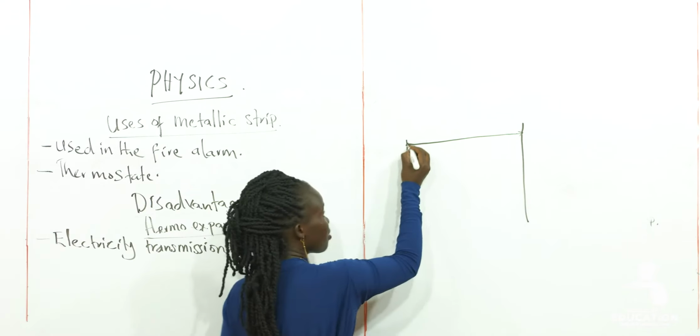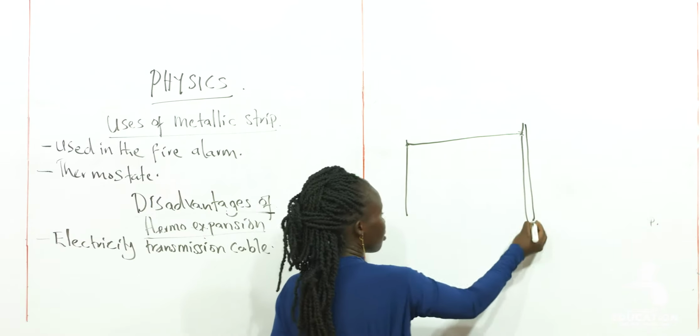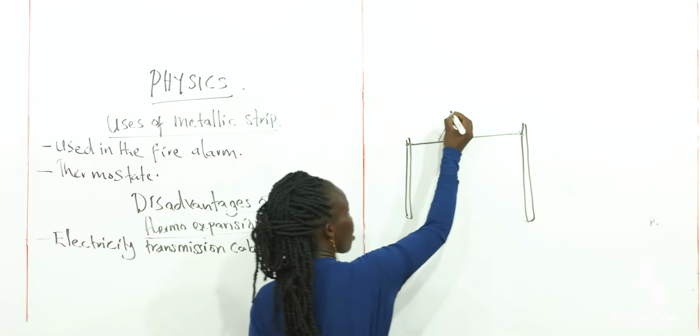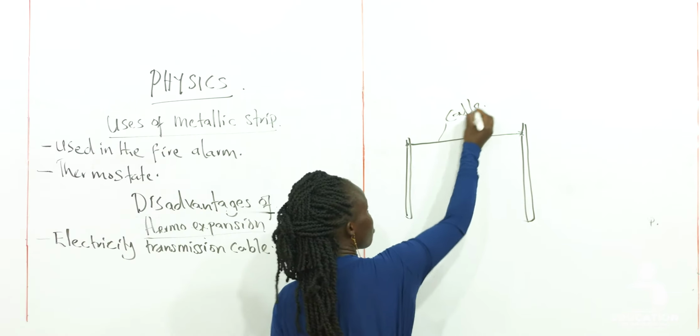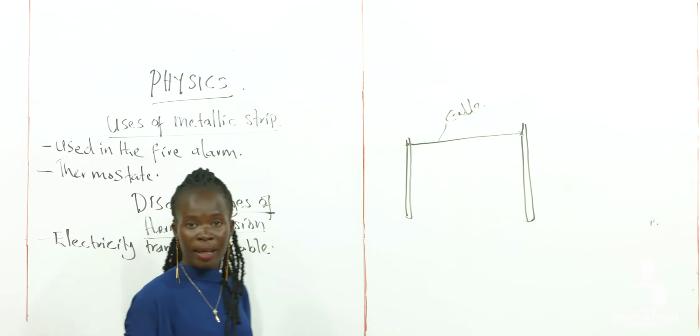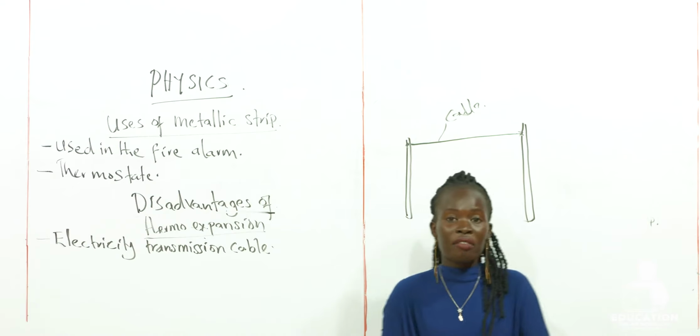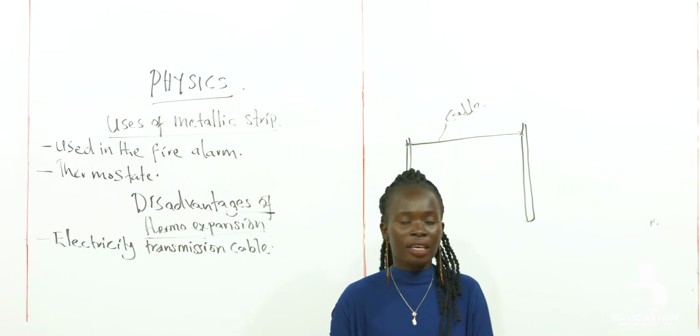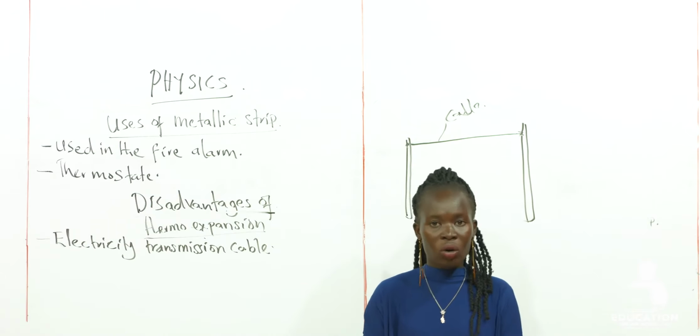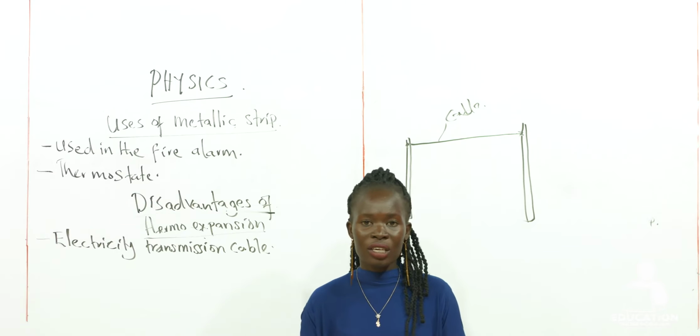This one here is the cable that transmits electricity from one point to another. If it is tight like this, what will happen? If it is during cold days, it will be fine, because during cold days there is just a contraction.